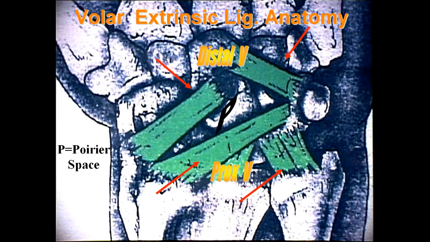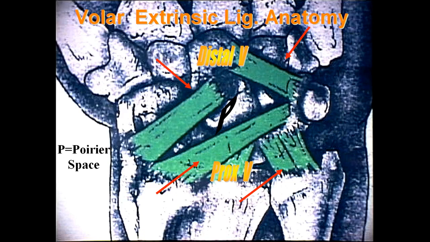So for now, I just want you to learn two in the back, two in the front. Two in the front, one you know well. Remember the radioscaphocapitate ligament or sling ligament? That's the one that prevents rotatory subluxation of the scaphoid.